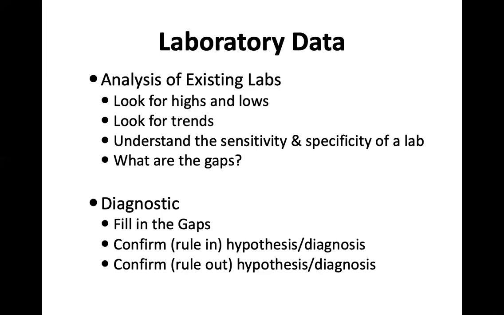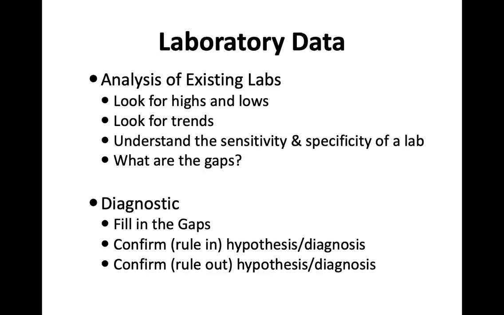When I teach my doctoral students, my nurse practitioner students, I talk about differential diagnosis, and I talk to them about developing hypotheses. Whenever you're thinking about a problem, it could be more than one.